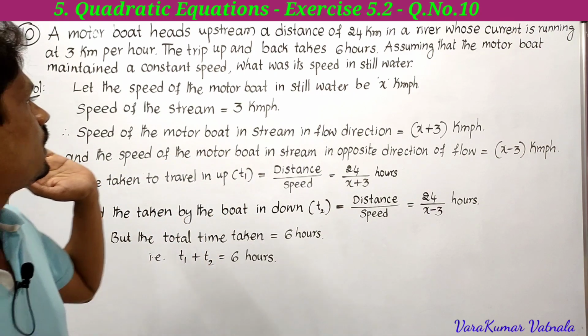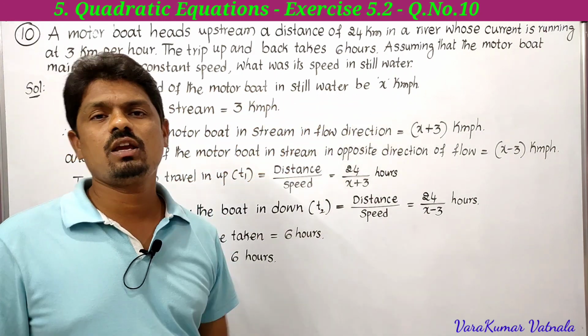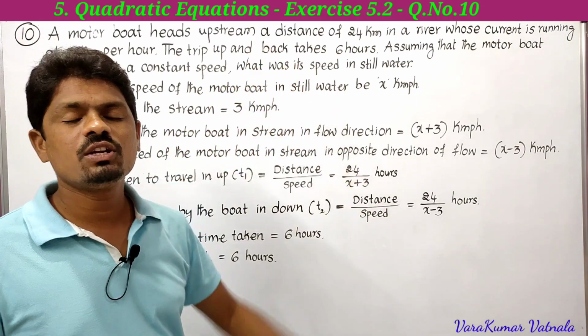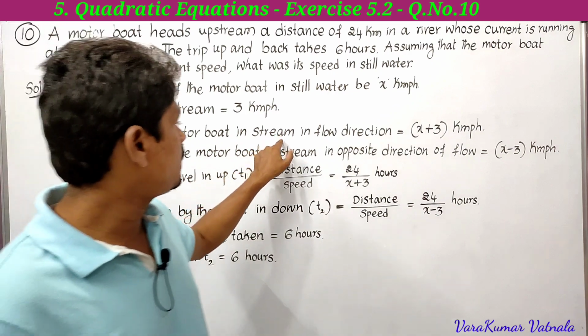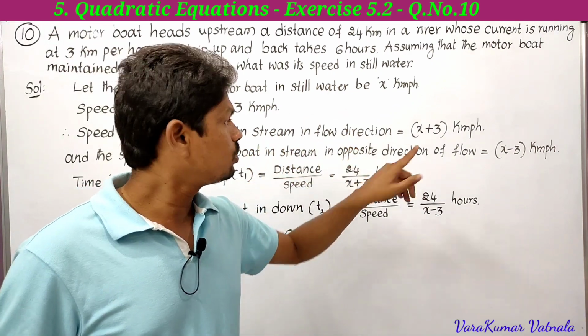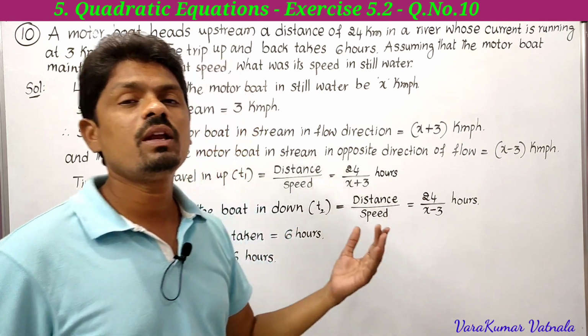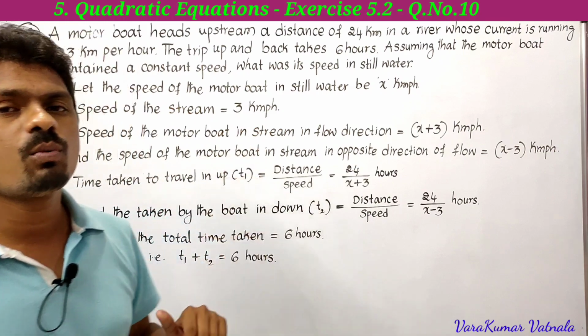So see here, let the speed of the motor boat in still water be x kmph. The speed of the stream is 3 kmph, he has given. So the speed of the motor boat in the flow direction is x plus 3 kmph. The speed of the stream is added to the speed of the boat.